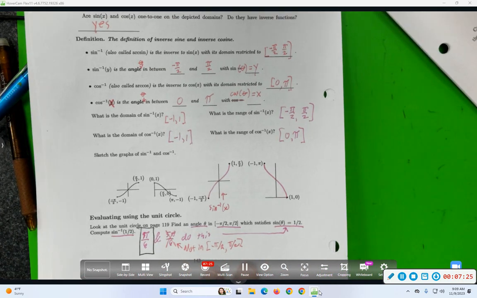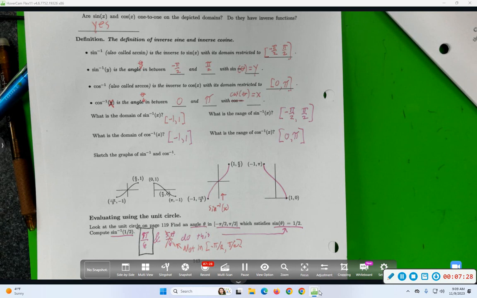So there on page 143 is the graph of inverse sine. Is that even or odd? It's odd. Okay, cool. That's all I wanted.